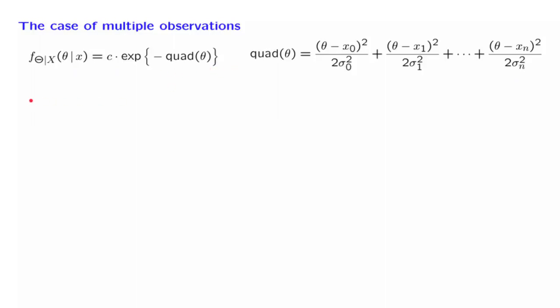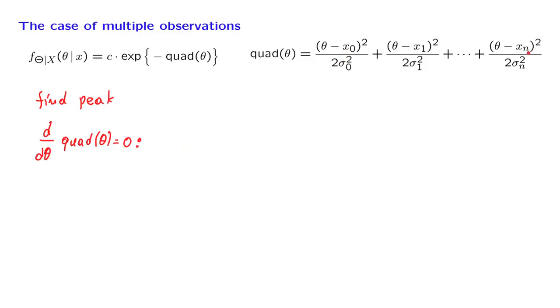The mean is the same as the peak, and to find the peak, the location at which this PDF is largest, what we do is we try to find the place at which this quadratic function is smallest. So what we do is to take the derivative with respect to theta of this quadratic and set it to 0.